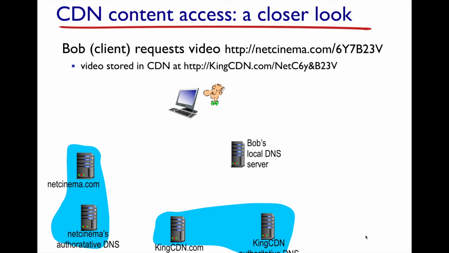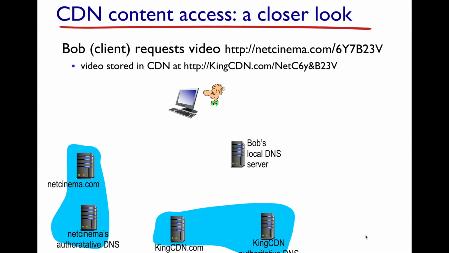In similar fashion, when you look at a YouTube video, you'll have youtube.com, and it'll have a suffix, v equals, and some hash number. That hash number is the actual identifier for the video. And so we have here the video identifier, and that's a suffix appended onto the URL for netcinema.com.